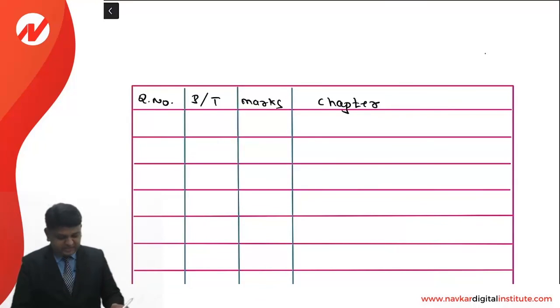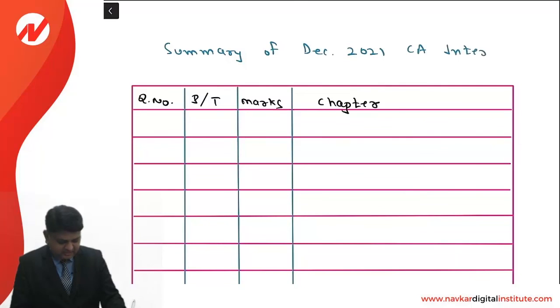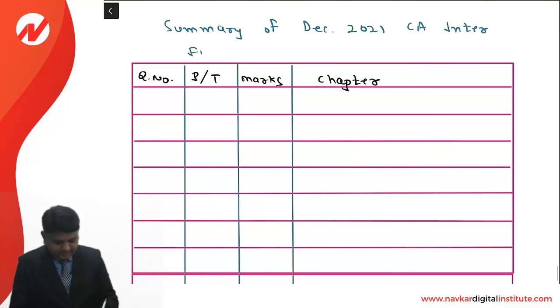So friends, let us finally have a summary of the December 2021 CA Inter FM paper for Part 8A.